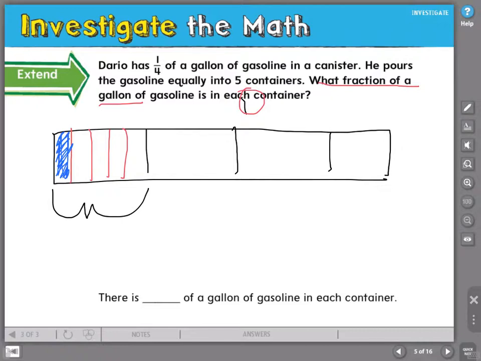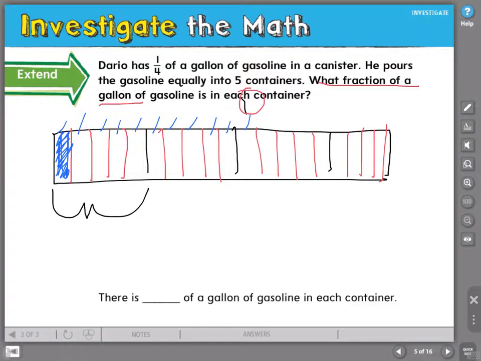To do that, we need to understand how many pieces our whole would be cut into. I see that we would have 1, 2, 3, 4, 5, 6, 7, 8, 9, 10, 11, 12, 13, 14, 15, 16, 17, 18, 19, 20.